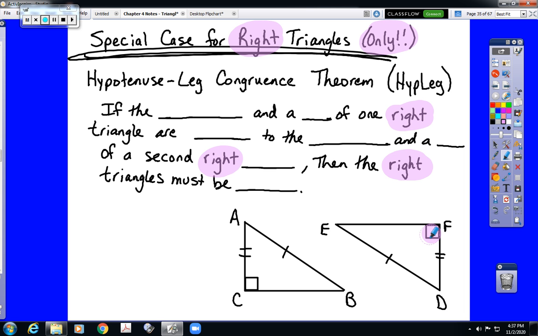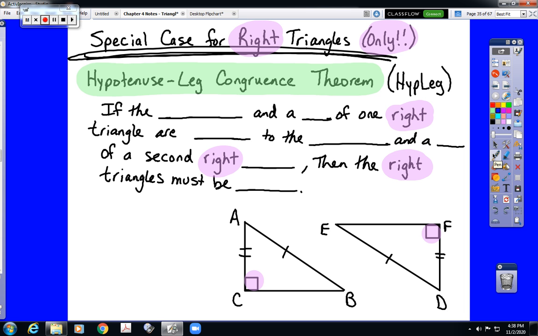Okay, and again, we've got these right angles indicated in the picture. We cannot, repeat, cannot use this theorem unless we are looking at a pair of right triangles. If you do not see an indicated right angle, you cannot use this theorem, the hypotenuse-leg congruence theorem.